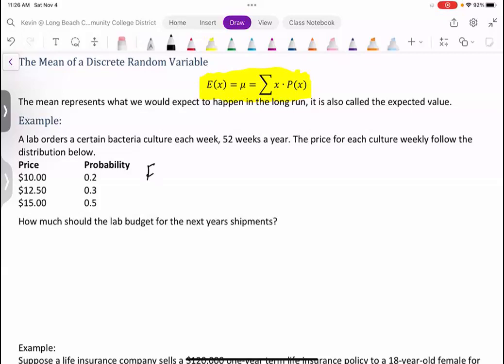Well, our expected value is going to be the probability times the price plus the probability times the price plus the probability times the price. Now, just guessing, I'm going to guess that it's going to be somewhere between $12.50 and $15.50 as far as an average goes.